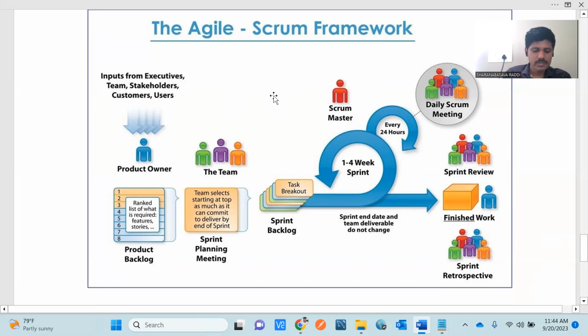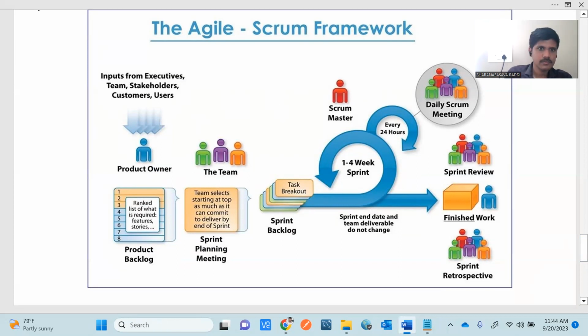So let us start with the product owner. Okay. So when you consider the Agile Scrum framework, there will be three roles. One is product owner, team, then Scrum Master. Okay.